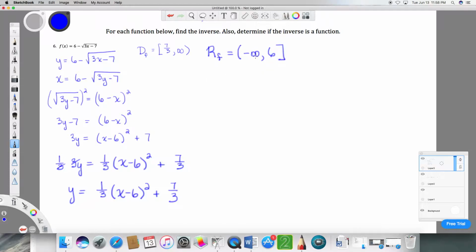But anyway, I used the graph to get this range. Why am I doing this? When we switched x and y, this becomes the domain for this inverse: negative infinity to 6. And the range of this inverse becomes 7/3 to positive infinity.